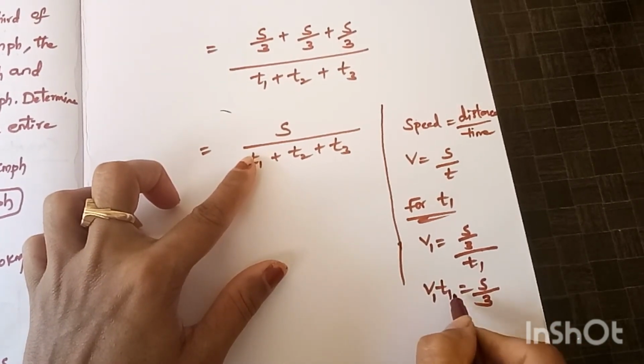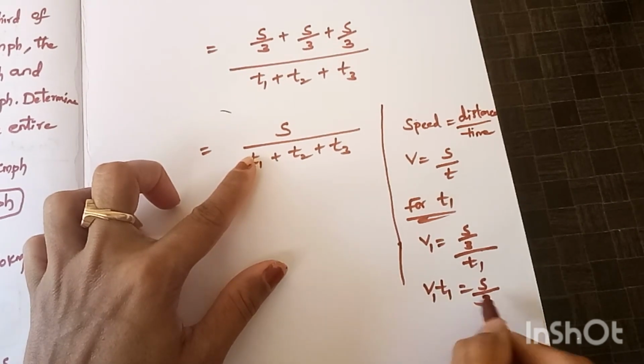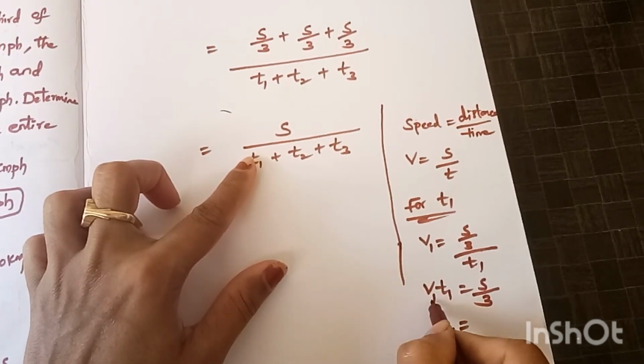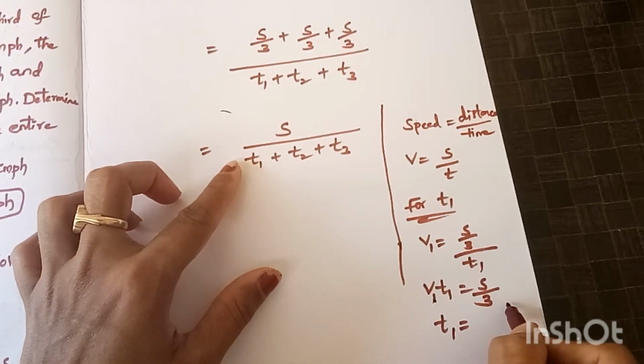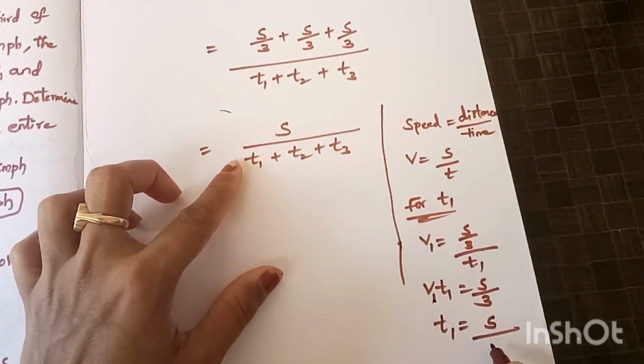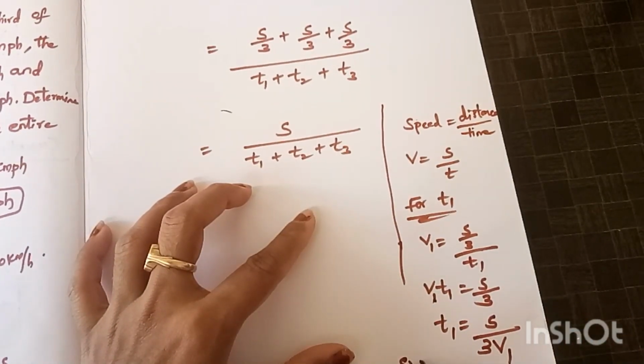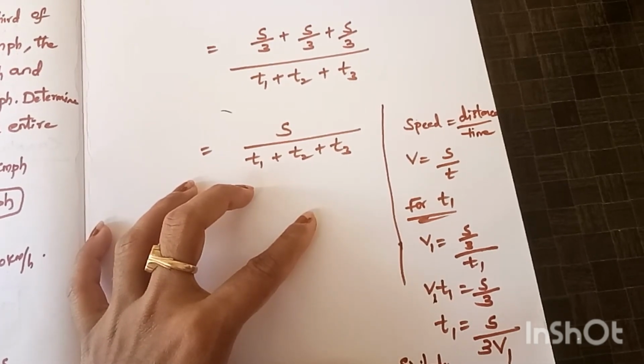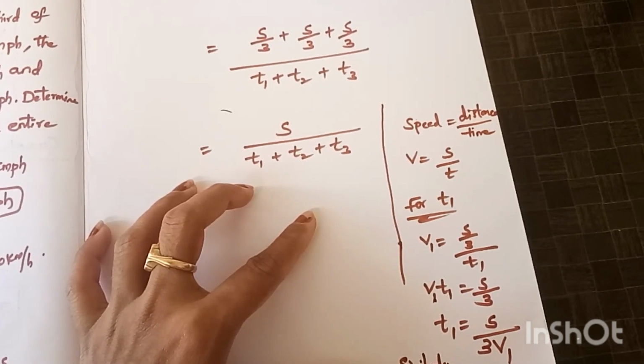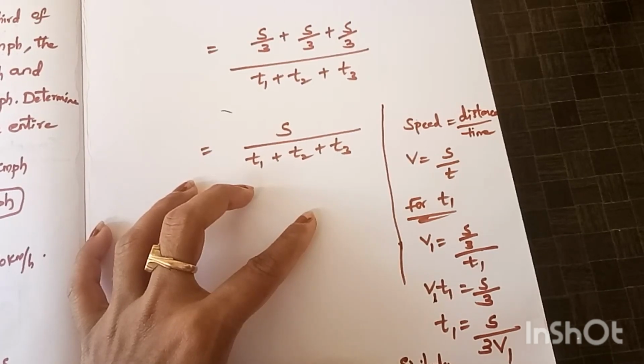Now send v1 to the right-hand side. Here v1 is multiplying on the left-hand side; when you send it to the right-hand side, it will divide. So t1 equals s by 3 v1. Similarly, t2 equals s by 3 v2 and t3 equals s by 3 v3.